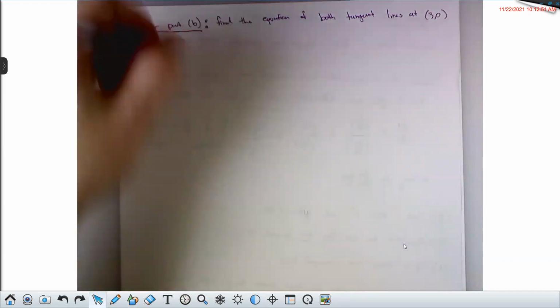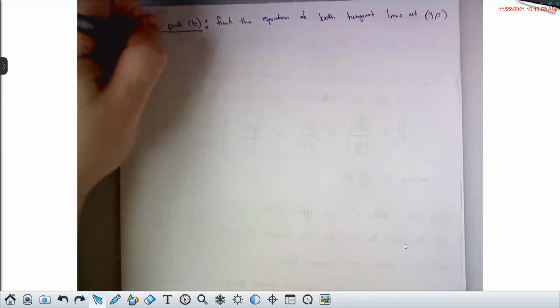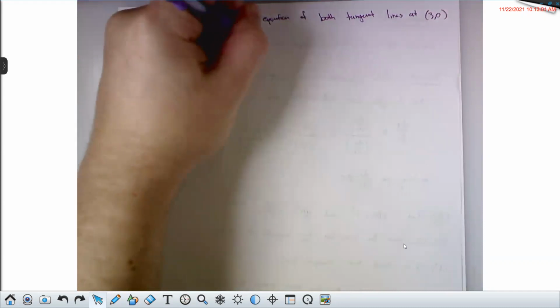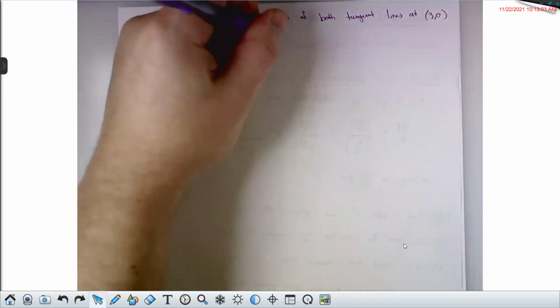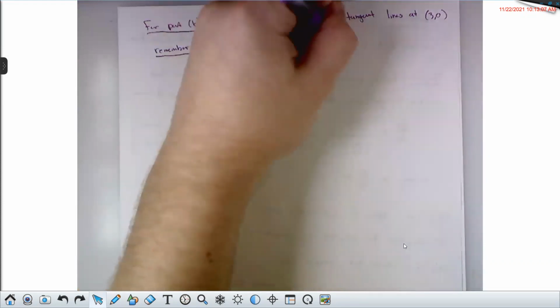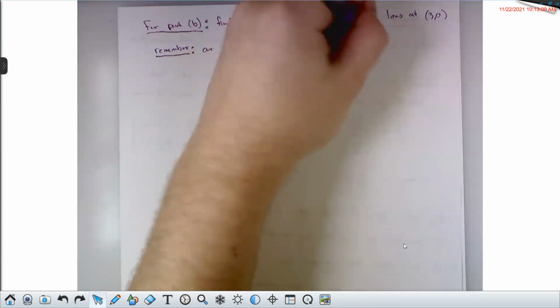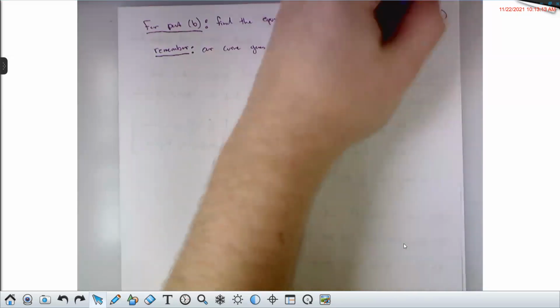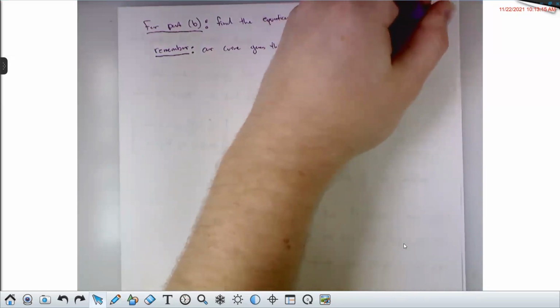And we need to remember our curve goes through 3, 0 when t is equal to the negative square root of 3 and when t is equal to the positive square root of 3.